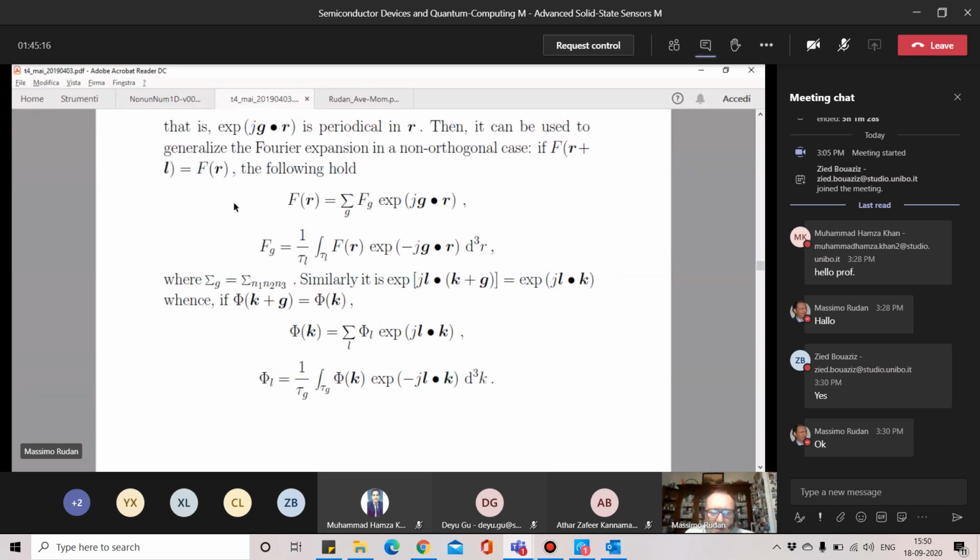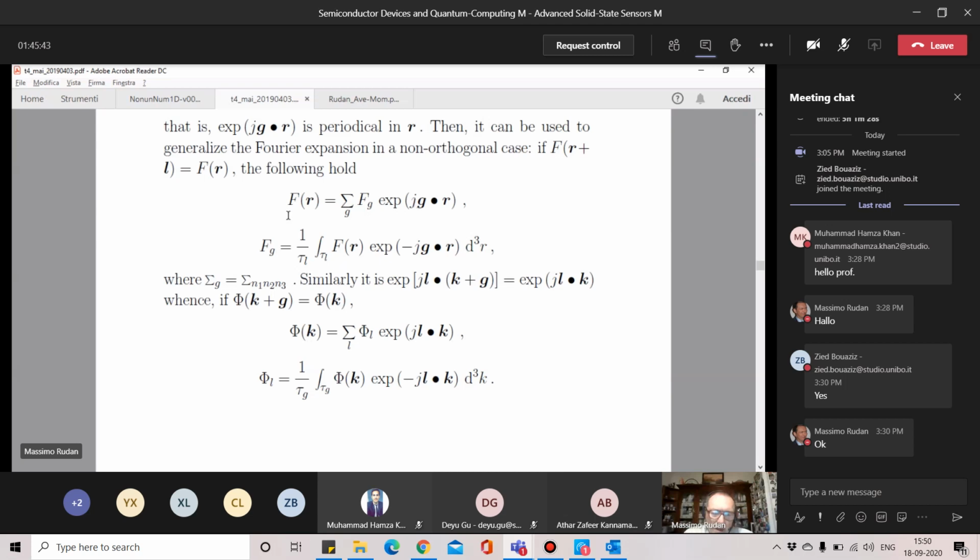What is this index G? You remember we must sum over this vector G. This vector is a linear combination with integer coefficients of the characteristic vectors of the reciprocal scaled lattice. So we have to sum over the coefficients, and the coefficients are three integers, n1, n2, n3.